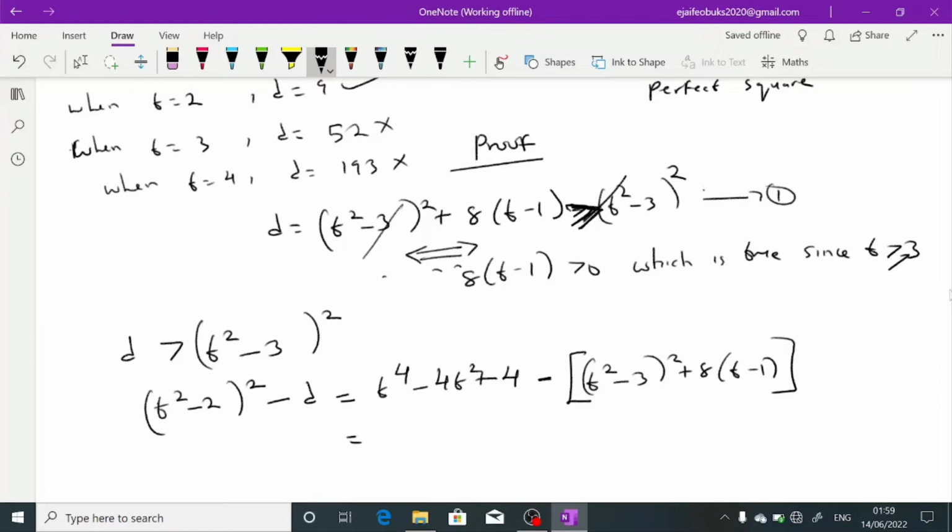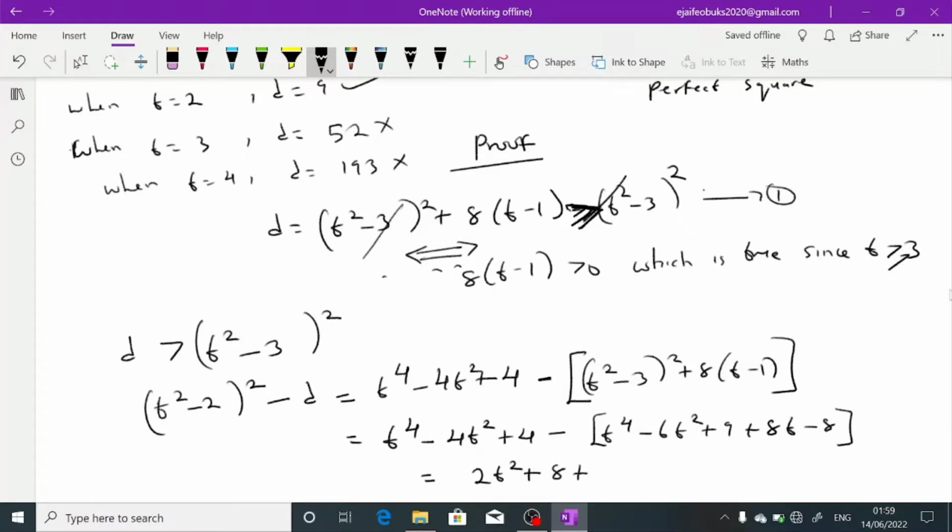If you expand this, you have something like t4 minus 4t square plus 4 minus t4 minus 6t square plus 9 plus 8t minus 8. When you subtract all this, this should be something like 2t square plus, okay, this should be plus 8.